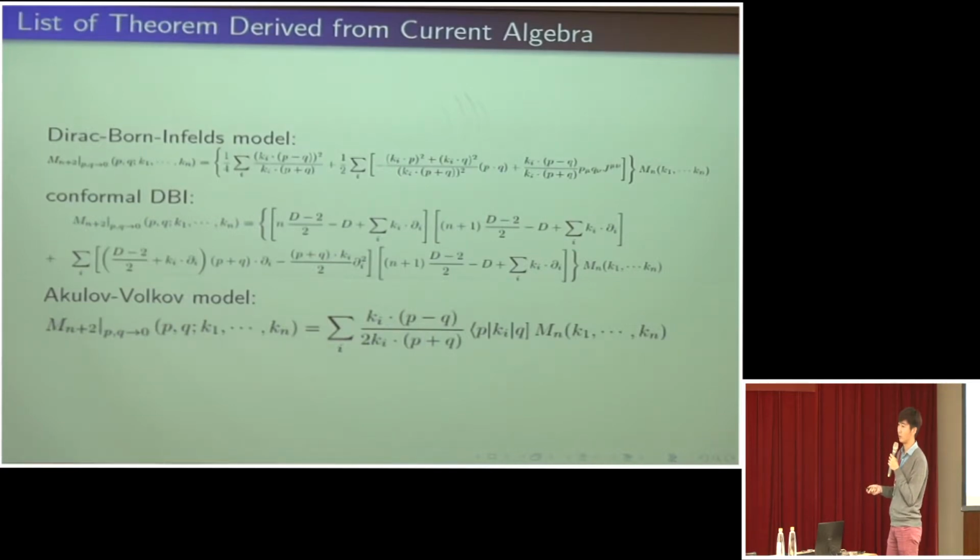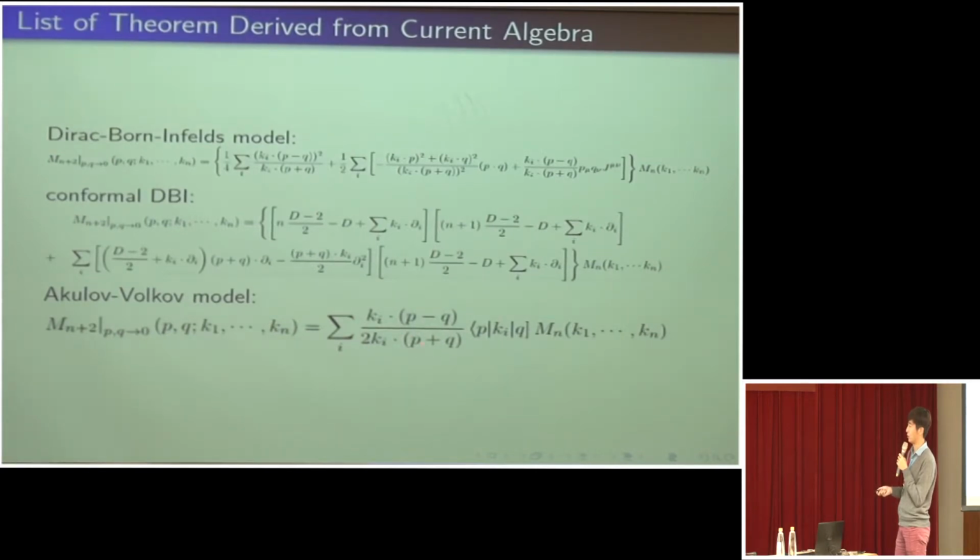And for the AV model, which is the model of Goldstino of the broken supersymmetry, this method can derive the double soft theorem only to the leading part. Okay.